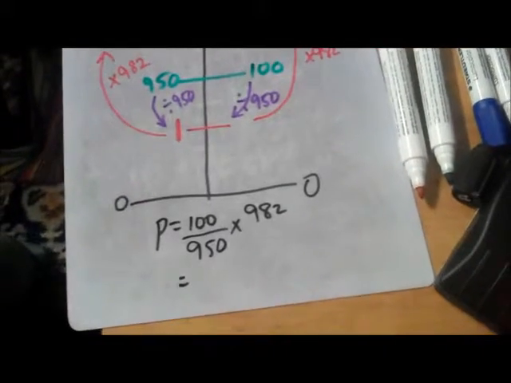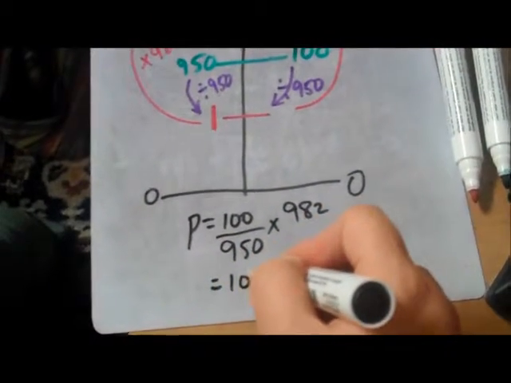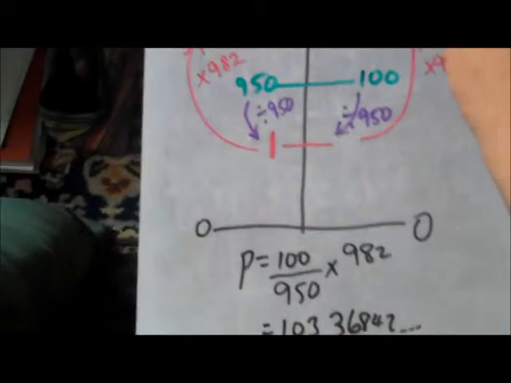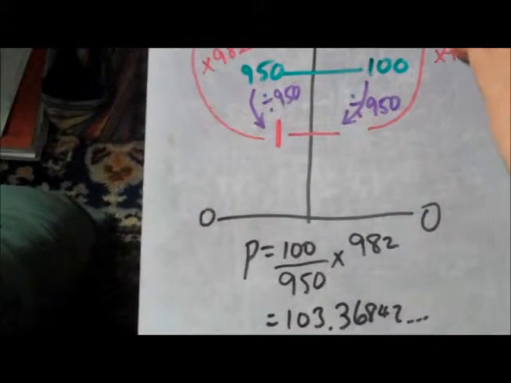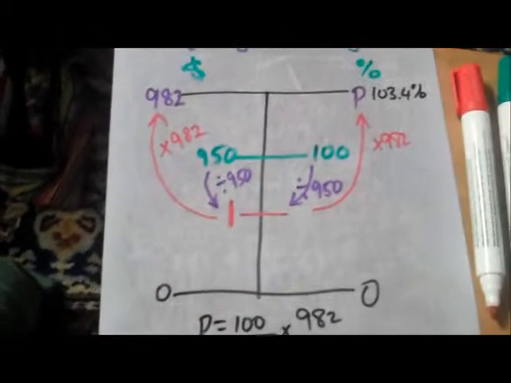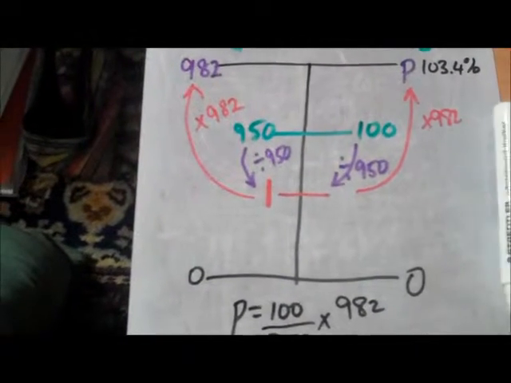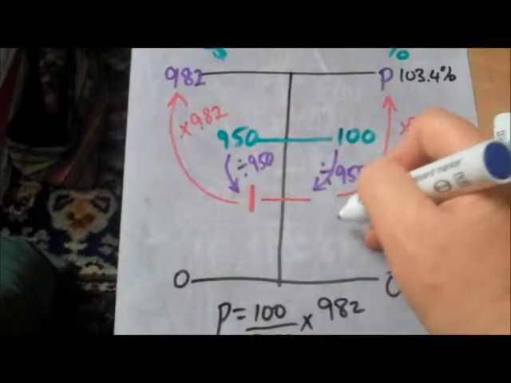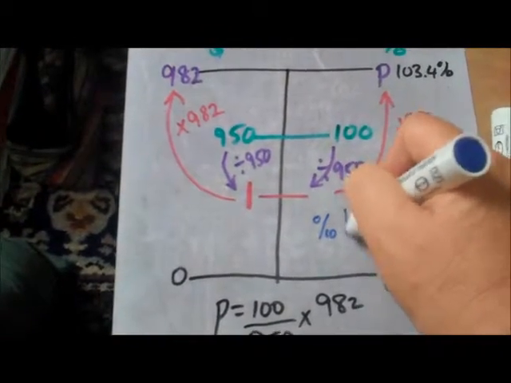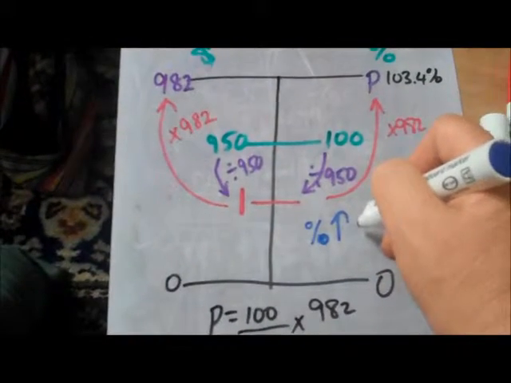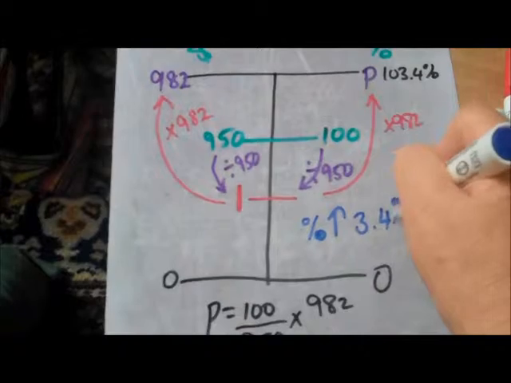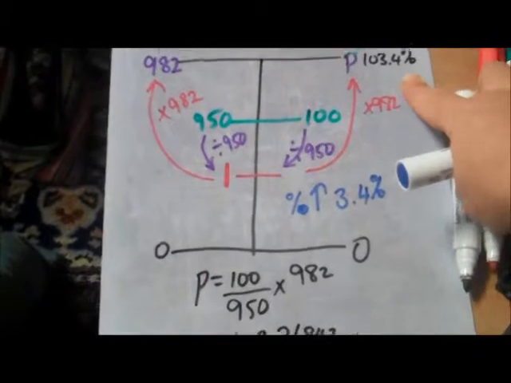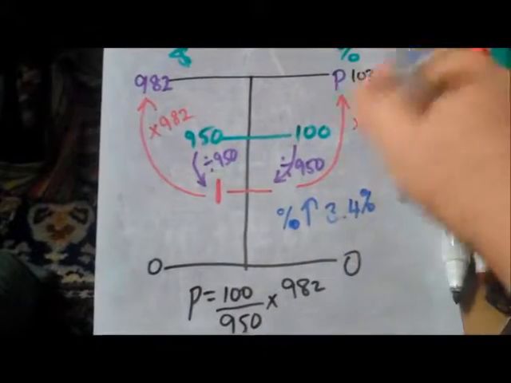So that gives me an answer of 103.36842... So this is roughly 103.4%. Okay, so my percentage increase is 3.4%, because I've gone from 100% to 103.4. So my percentage increase is 3.4%.